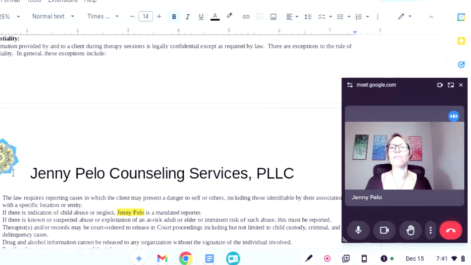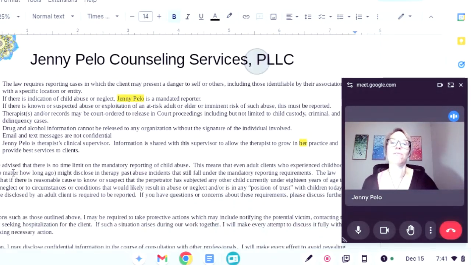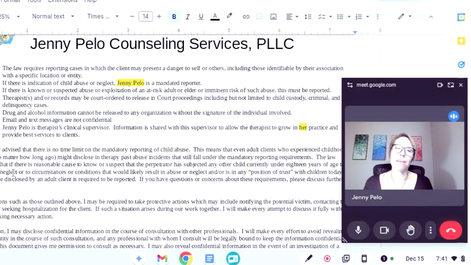And then we talk about confidentiality and some of those limits of confidentiality. Email and text messaging may be very convenient, but it is also not really confidential.